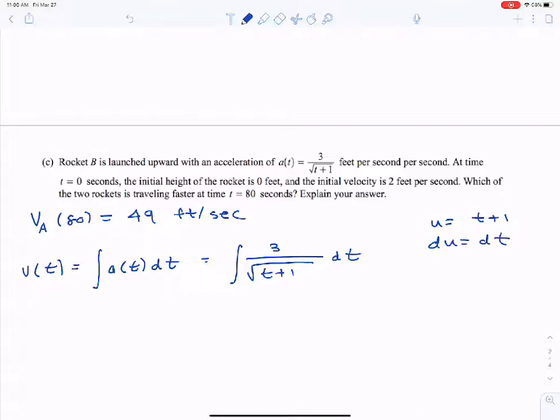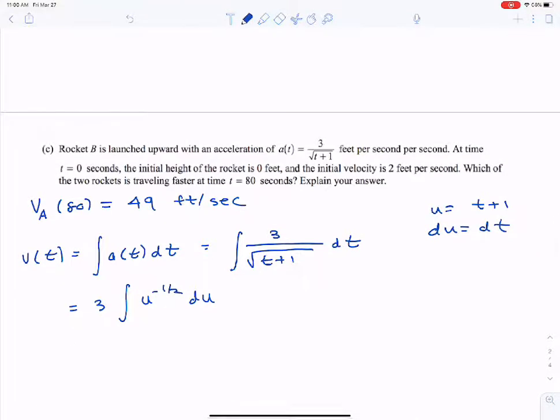I'm also going to pull that 3 out. So I get 3 times the integral of u to the negative 1/2 du. And that becomes 3 times 2u to the 1/2 plus some c.